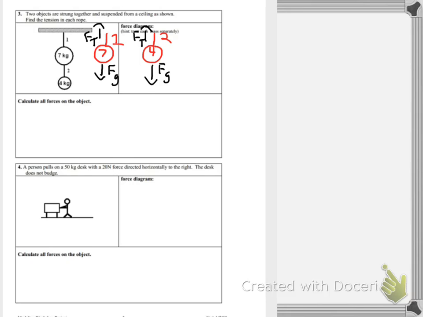So when I want to calculate all of the forces, if I want to find the force due to gravity for the 7 kilogram mass, F of G for the 7 equals 7 kilograms times 10 newtons per kilogram to get 70 newtons.